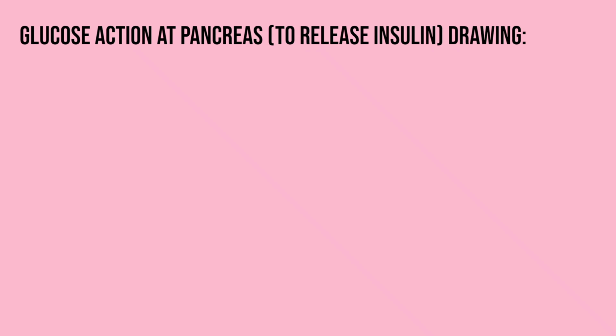So when glucose arrives at the pancreas through the blood, do you guys have any guesses what it's going to do? Yeah, because like we saw over here, GLUT2 allows facilitated diffusion of glucose.